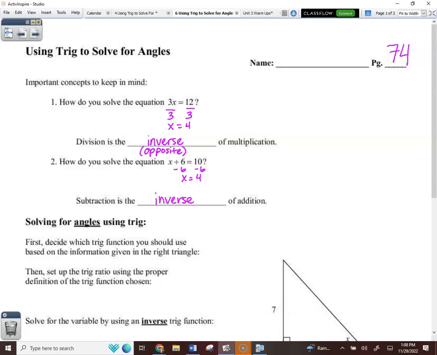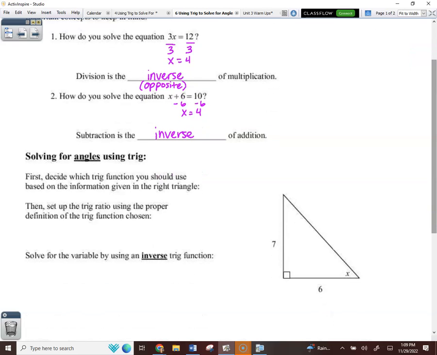Now, where am I going with this? Well, look at the title of this sheet. What are we solving for now? We're no longer solving for sides. Now we're solving for an angle. Look at the picture. I do want you to make an adjustment on here.